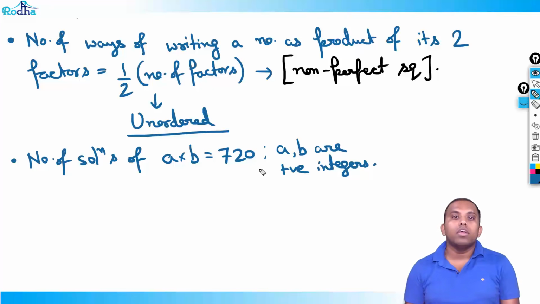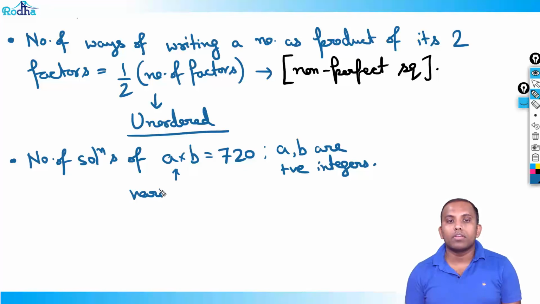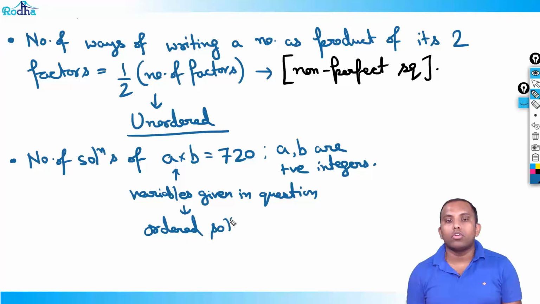For sure, in this case the question is for ordered because variables are given in the question. That means ordered solutions are asked.